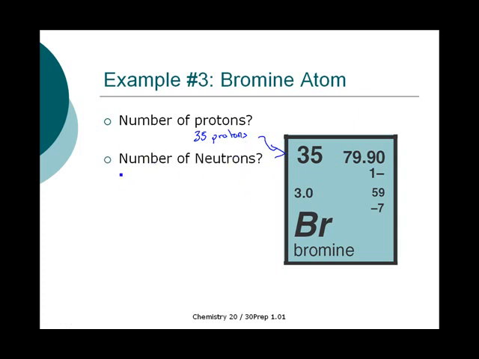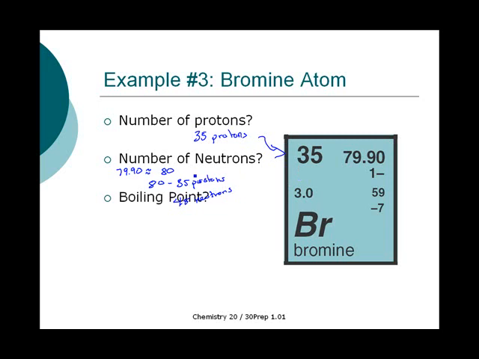We take the 79.90, round it off to 80, and then we take that 80 and we subtract the number of protons in the element, and we get 80 minus 35, so that's going to be 45 neutrons.